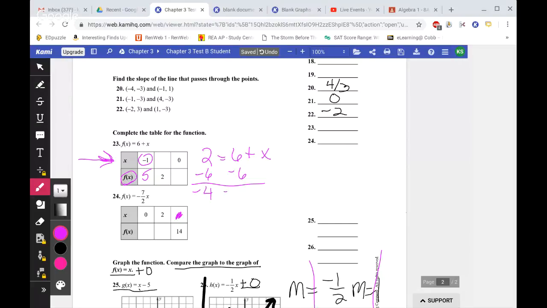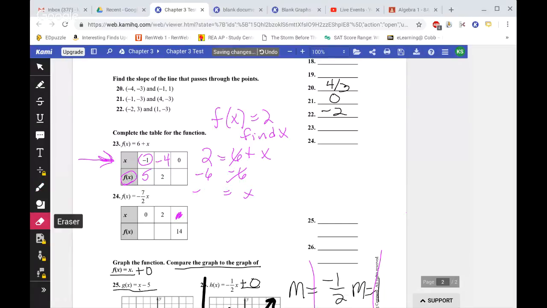Oh, okay. Same, I guess. Really? Okay. So you like it better when they verbally ask you if f of x equals 2. Yeah, it's a lot easier. Find x. That's easier for you? Okay, good to know.